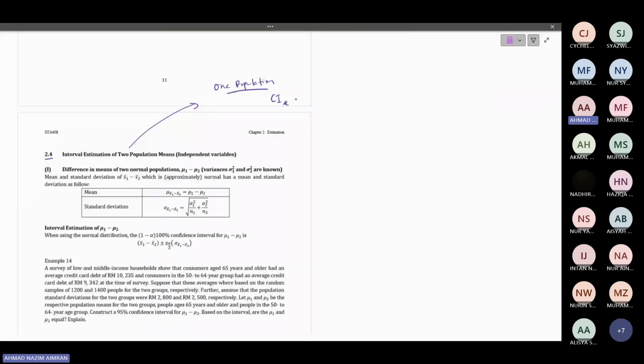For example, if the variance is known, we use this formula: x bar plus minus z alpha over 2 times the standard deviation of the population over square root of n. You will get A and B, where A is the lower boundary and B is the upper boundary. The range of this interval is for the mean only.